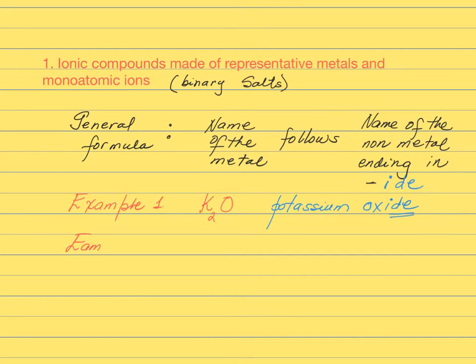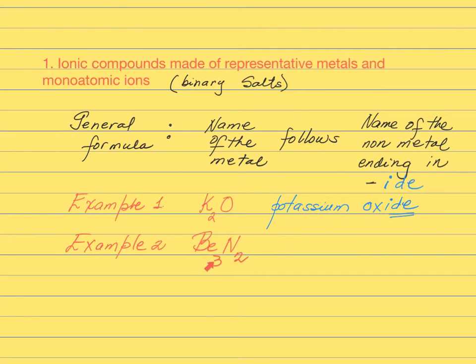Example number 2. If you look at your formula, Be, beryllium, is a representative metal because it's in group 2.